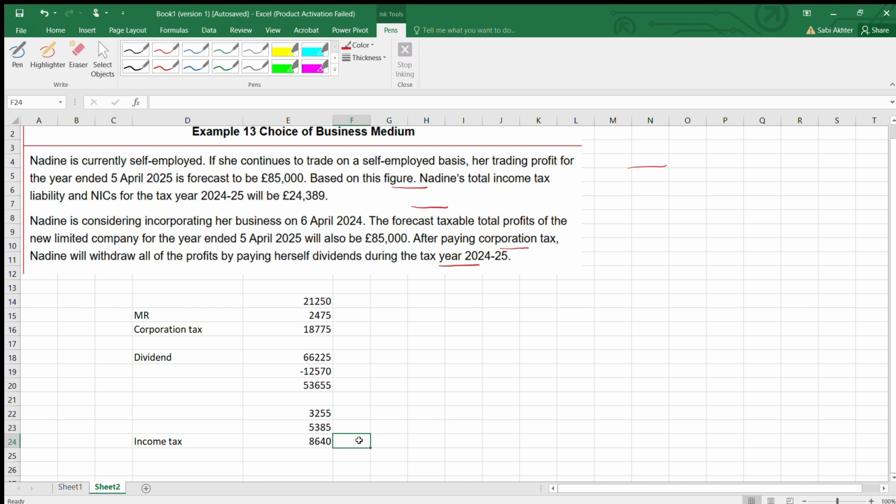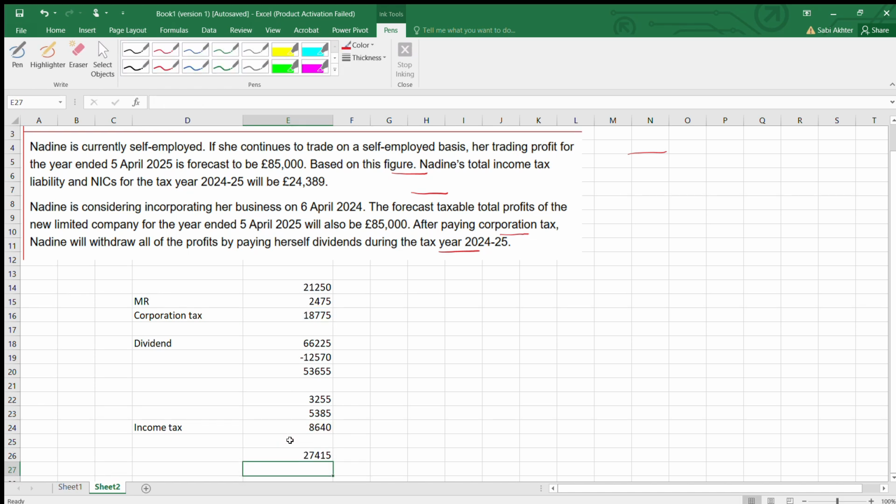So now, if you see, this is the corporation tax plus the income tax, the two taxes.